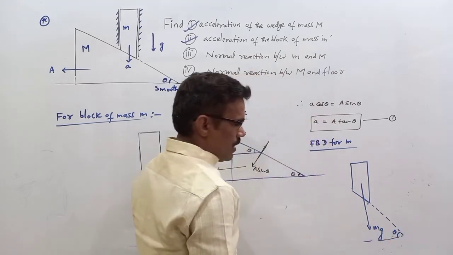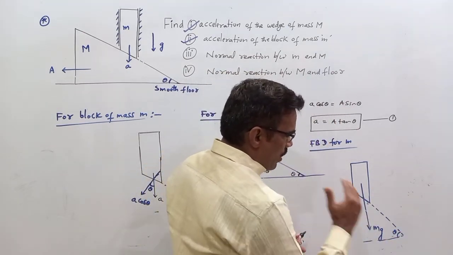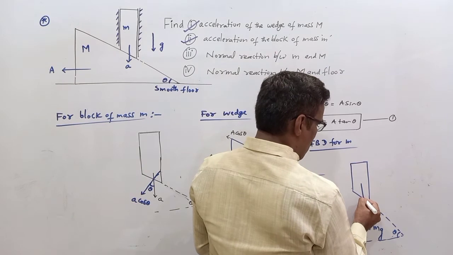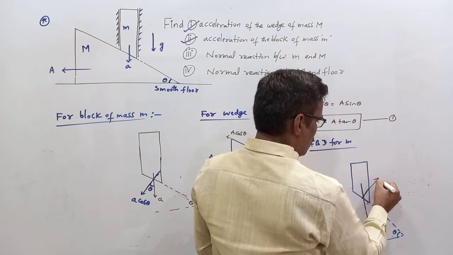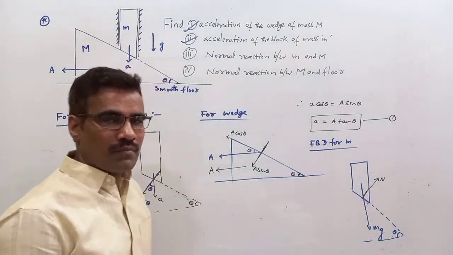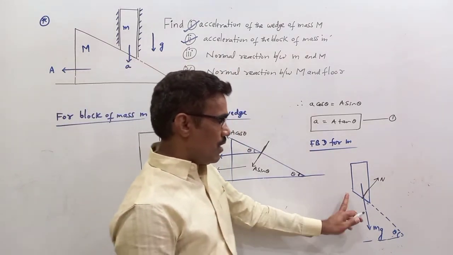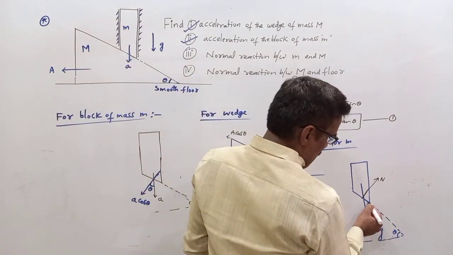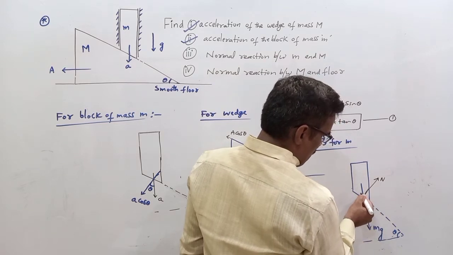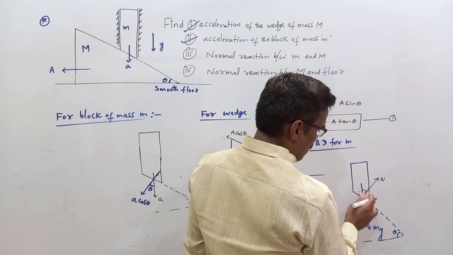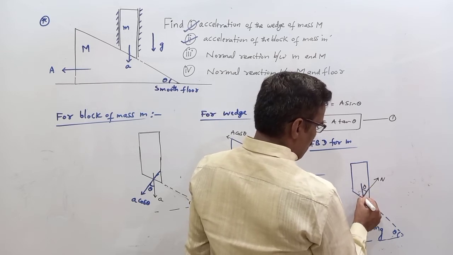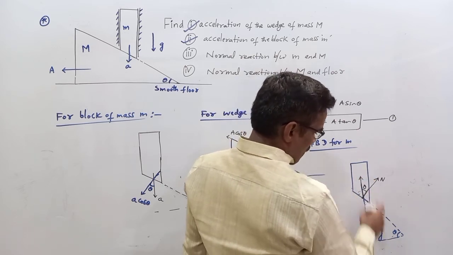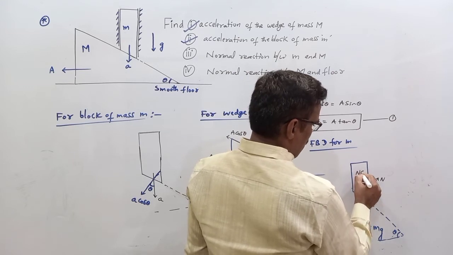This angle is theta. The normal reaction on the block by the wedge is normal to the surface. Here this is 90 minus theta, and this angle is theta. So N can be resolved along the vertical direction: this is N cos theta.